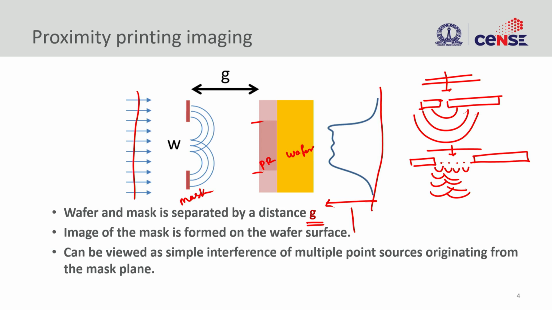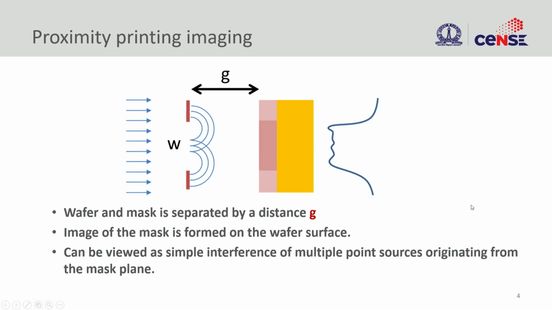The intensity profile, as you can see, is not flat. Normally you would expect a flat profile. Ideally speaking, you will expect something like this: where there is an opening, you will see a large amount of light coming through, and in an opaque region you should not see any light through.